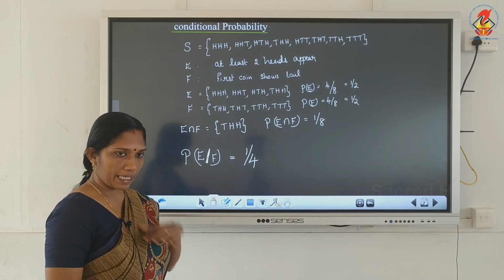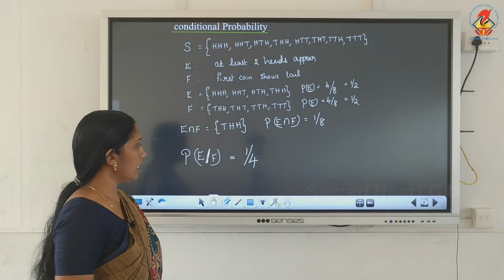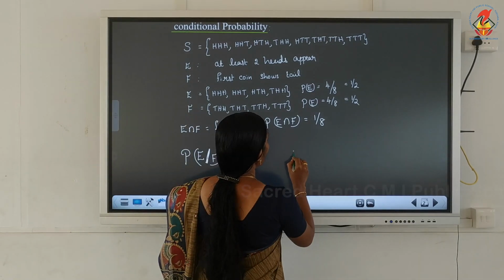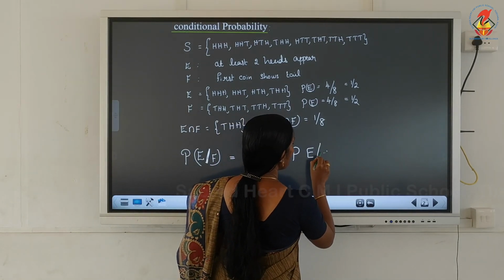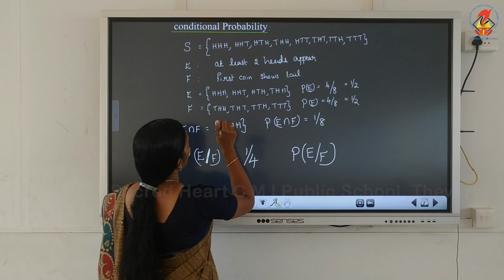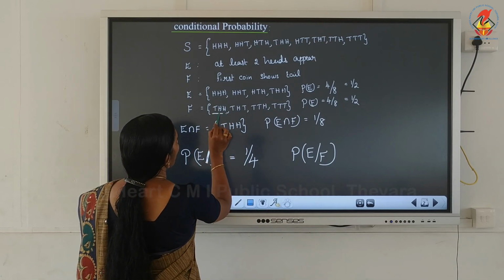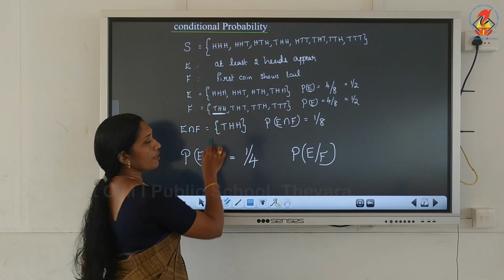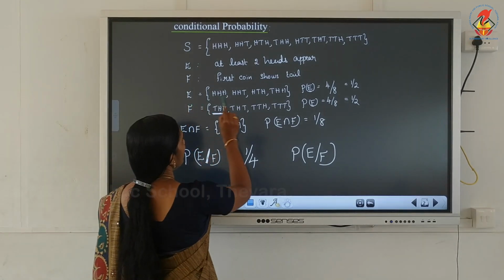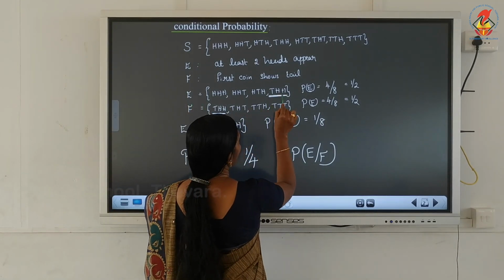We have a direct result, direct formula, that is like this: P of E given F. And this 1 means this 1 is the intersection of E and F. Okay, in E also the same element.